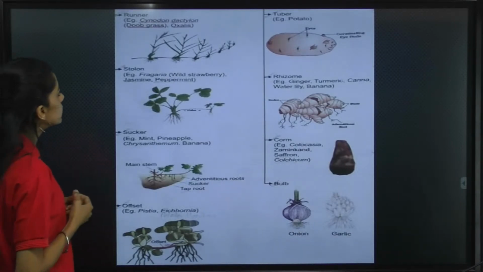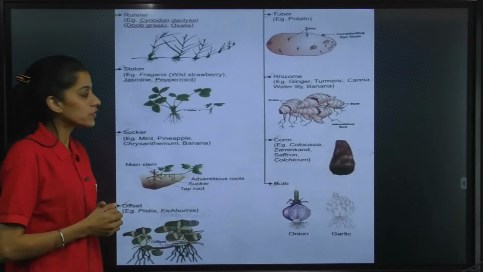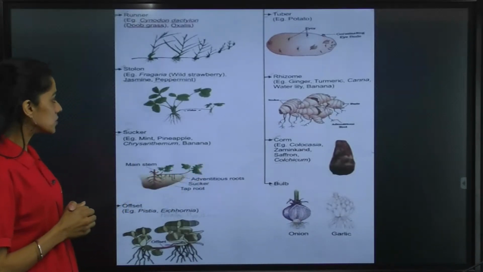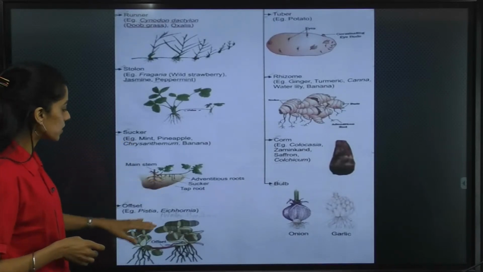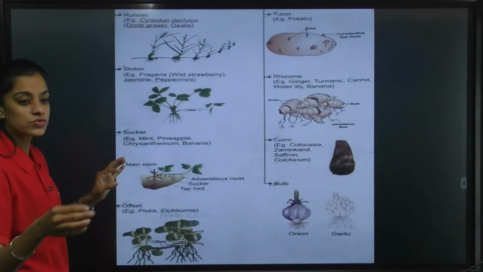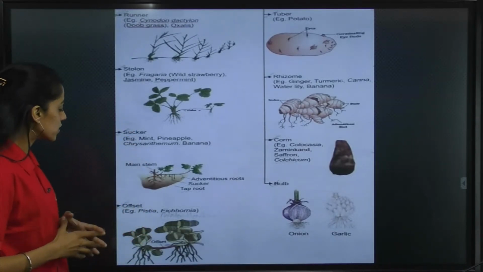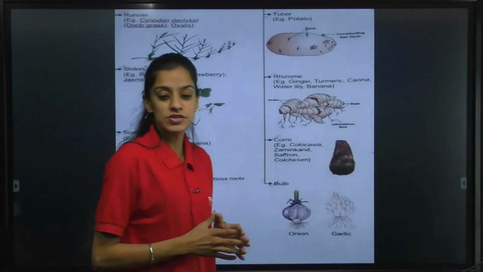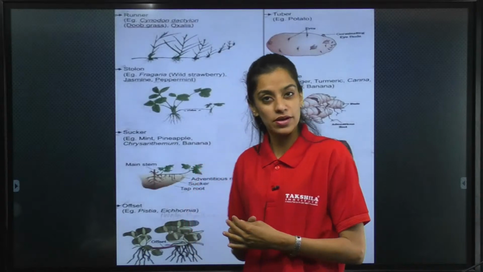So runner, for example, grasses, they keep on running over the surface. Stolon is like what happens in mint. Then you have the sucker, as in banana. There is a horizontal branch which is touching the ground, growing and then coming up. And then you have the offset, that is Pistia and Eichhornia. It is usually seen in aquatic plants.